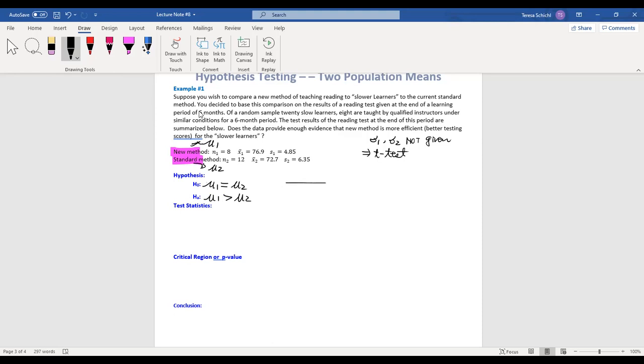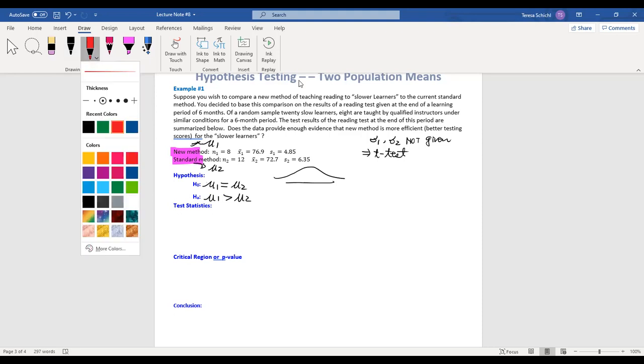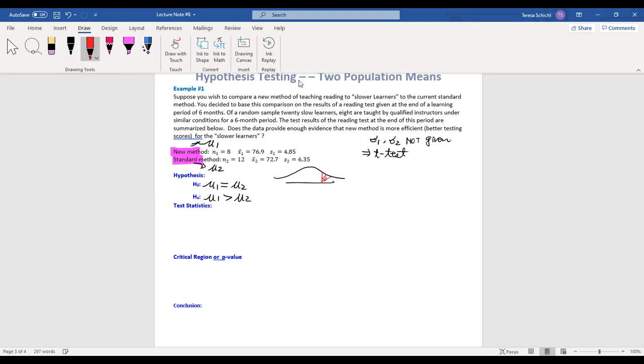Then let's see which tail we are looking for. Because it's mu1 greater than mu2, I'm looking for the right tail. Now for the test statistic: because sigma 1 and sigma 2 are not given, what test do we use?